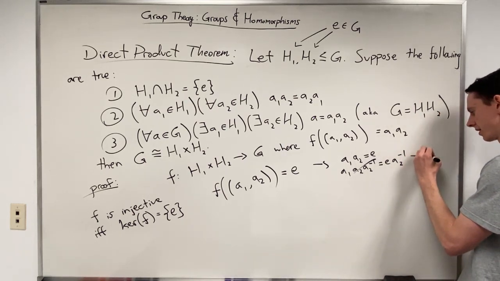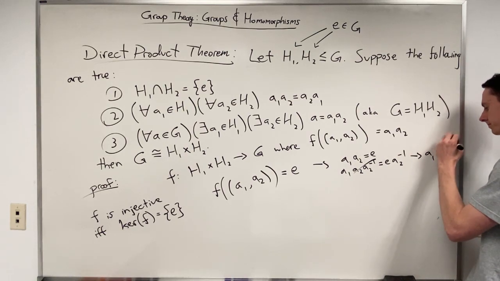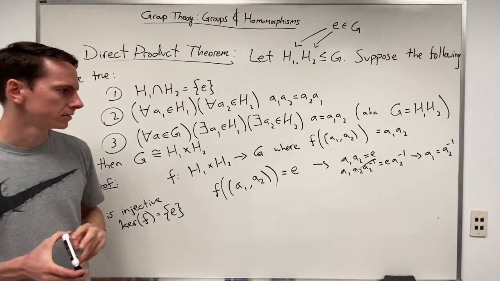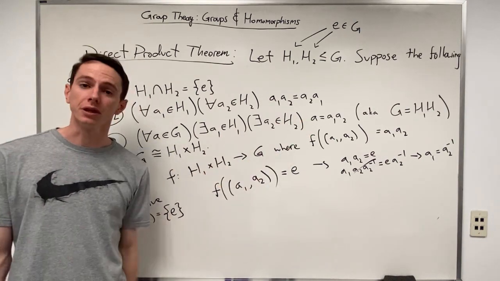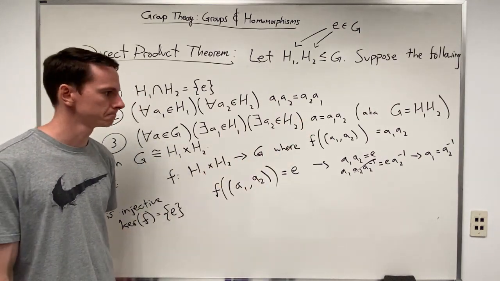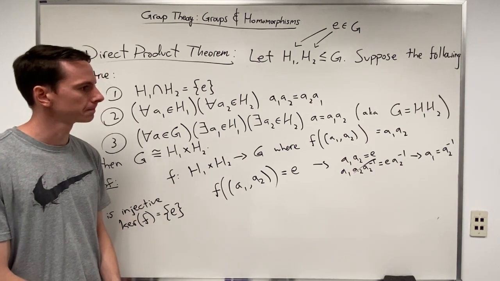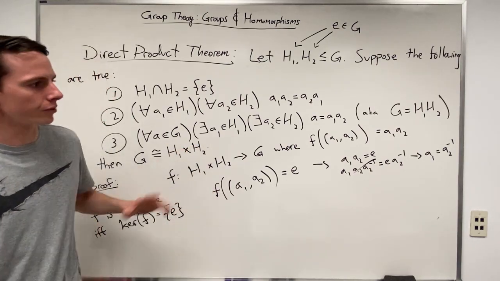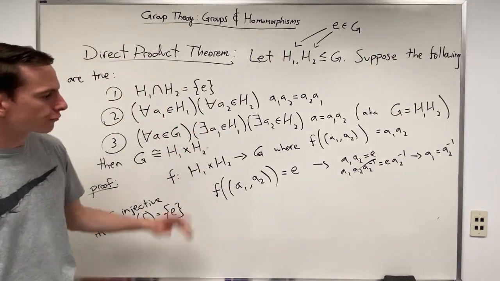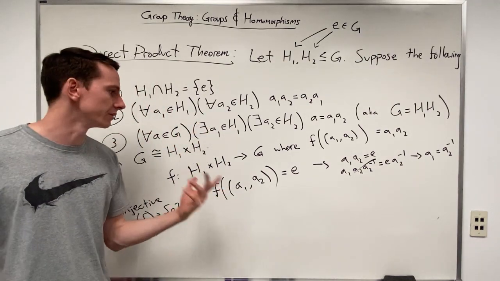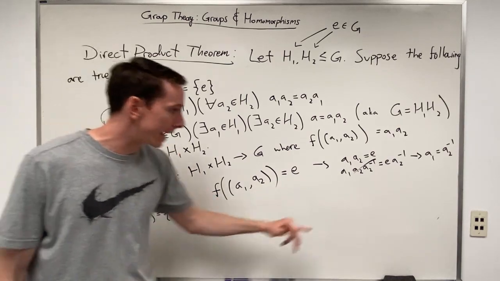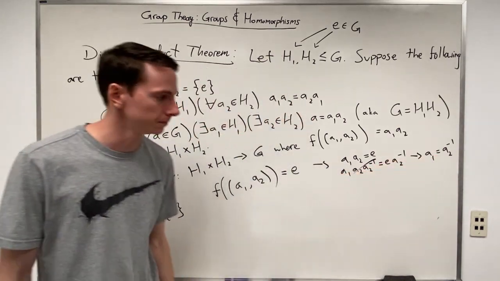So this tells us that a1 equals a2 inverse. Just some standard manipulation of group elements right there. Hopefully that makes sense. So if (a1, a2) is an element of the kernel, that implies that a1 is equal to the inverse of a2.